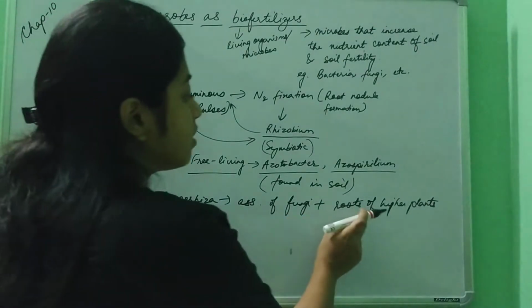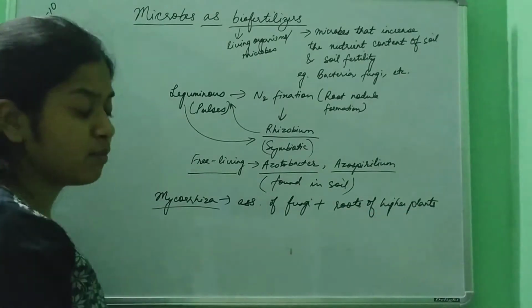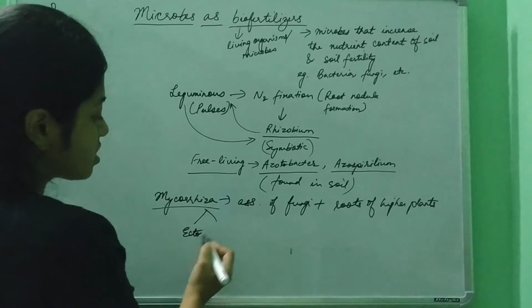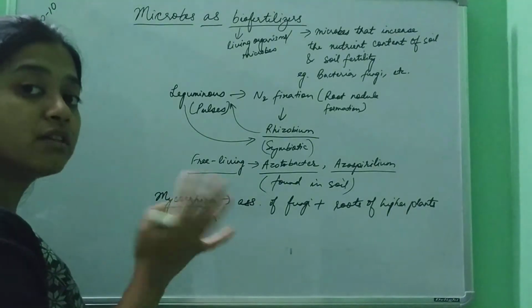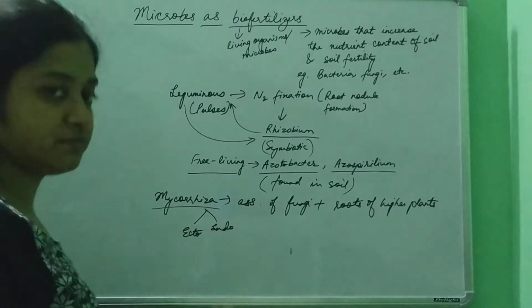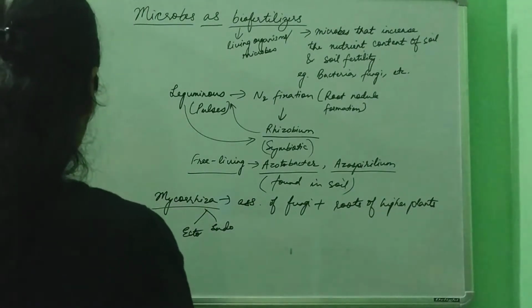Association of fungi with roots of higher plants, means these are found in the roots of higher plants. Now mycorrhiza can be again of two types. Ecto, which is found outside, ecto means outside, which is found on the outside the root or on top of the root, and endo, which is found inside the roots. So these two are examples.